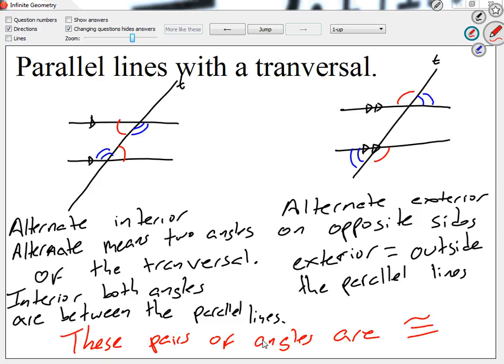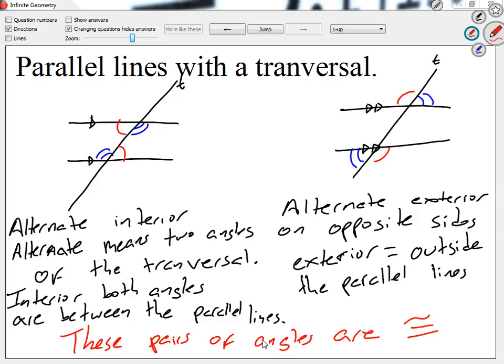Once again, what congruent means: same shape, same size. We know they have the same shape because they look like angles. So I'm going to say same size. These pairs of angles are congruent.